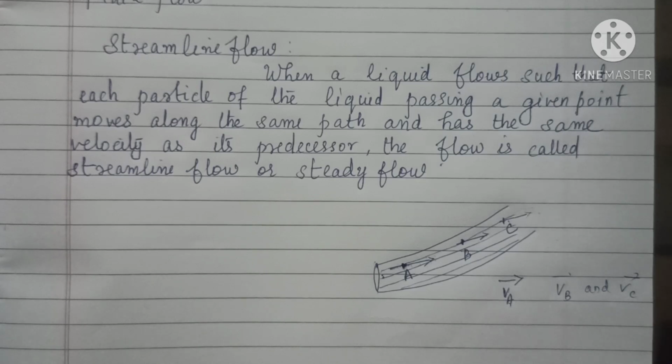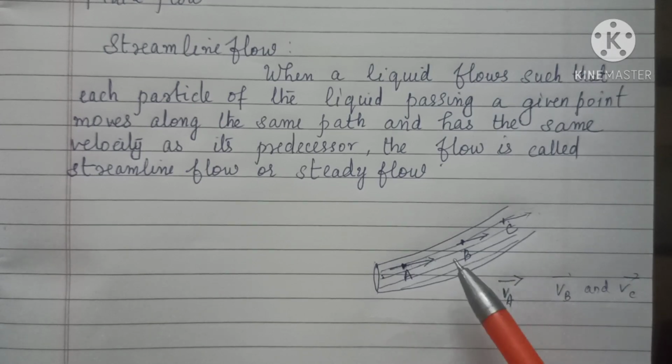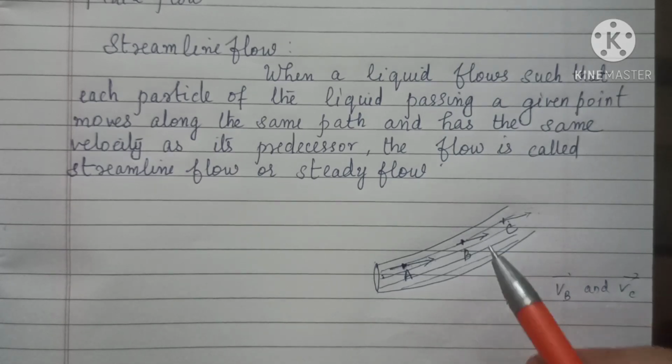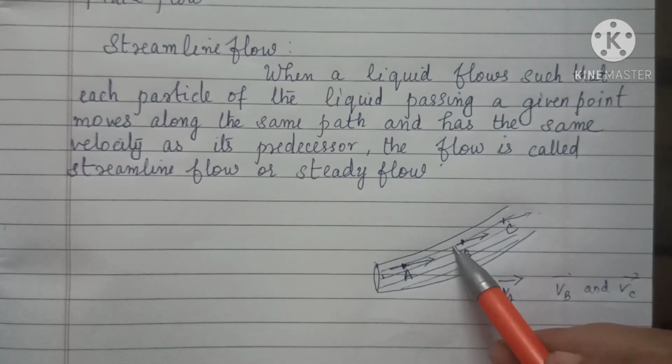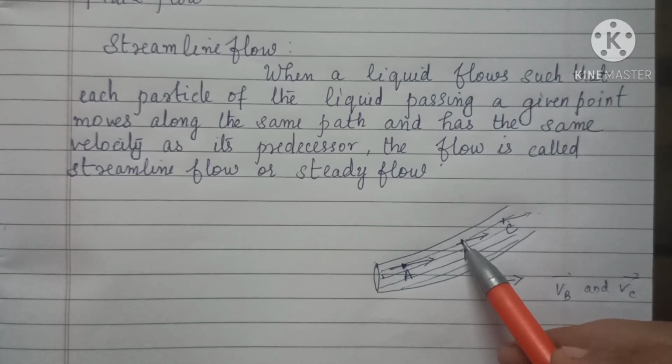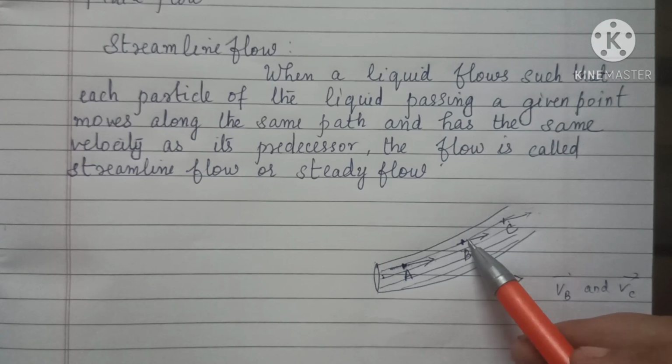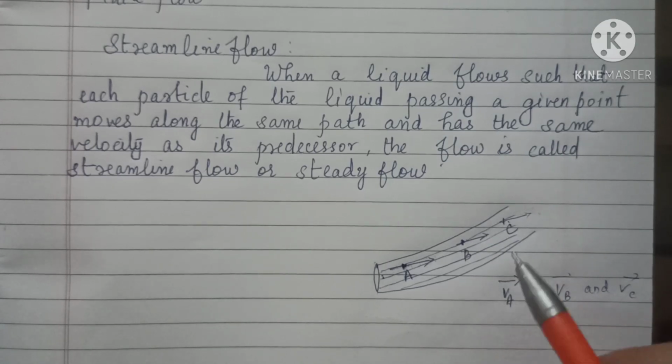So the particle velocity at a particular point always remains constant with time. But the velocities at different points may or may not be the same. Now at the point B, it has a velocity VB. Any particle reaching the point B has the same velocity VB so that it is traveling through the same path.